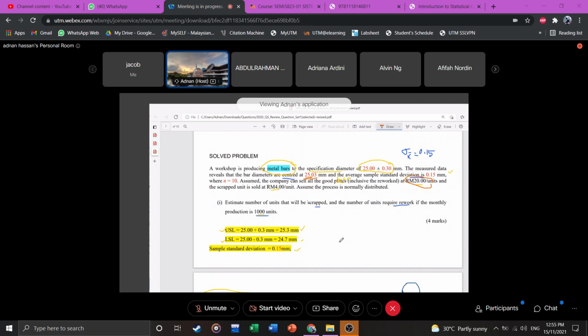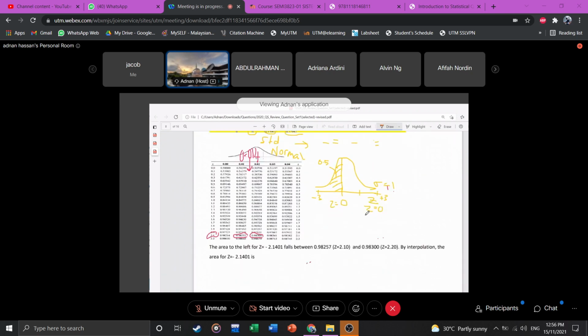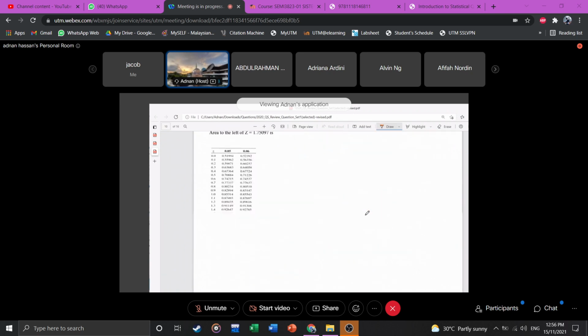If you scrap, it means your production cost is 15, then you sell the metal scrap, so you lose. You spend 15, but you get 4, so you lose 11.